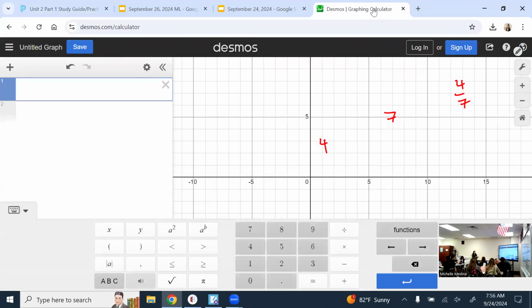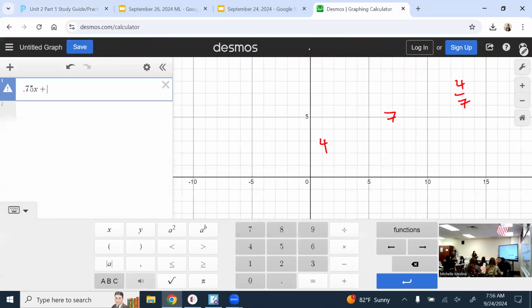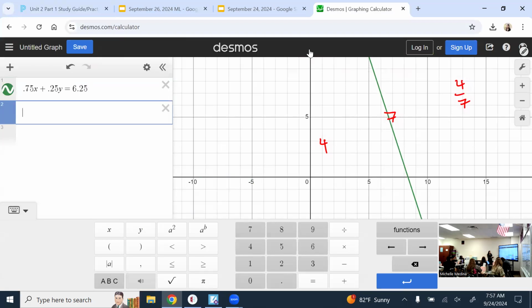So that's what we're going to do. So that's 0.75x plus, I want to say 0.25, but I don't remember, plus 0.25y equals 6.25.